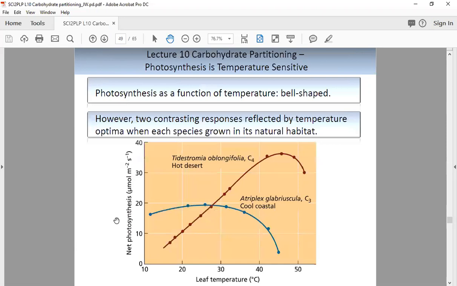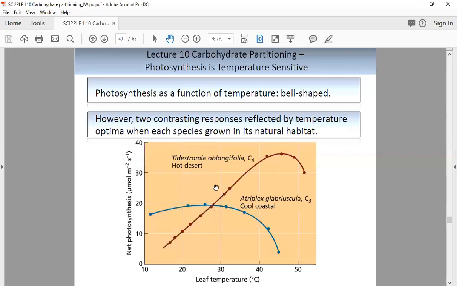There are two contrasting responses. The C3 plant, which we can see here, Atriplex, was grown under its natural temperate cool coastal conditions, while the C4 plant, this red line here, was grown in its natural desert conditions.